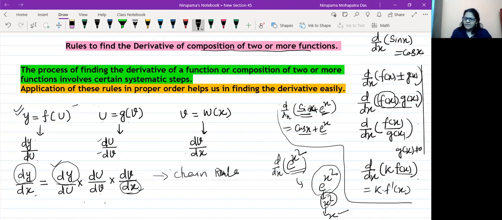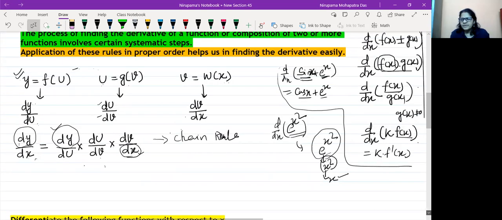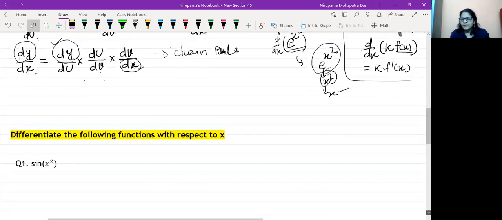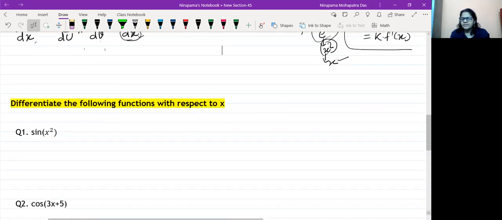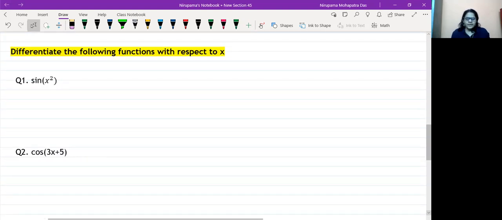That is the only thing you have to do here. If you can identify the direct link, then differentiation will be very easy because you already know the formulas and you can apply them. The only requirement here is the direct link. Okay, so let me show you some questions.